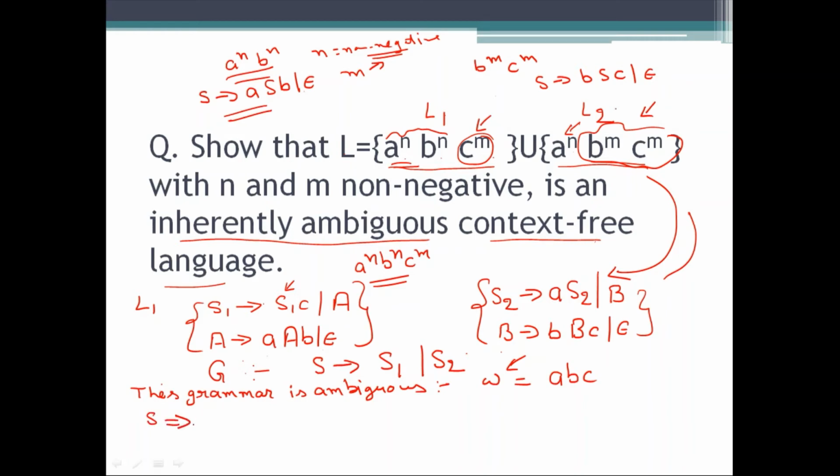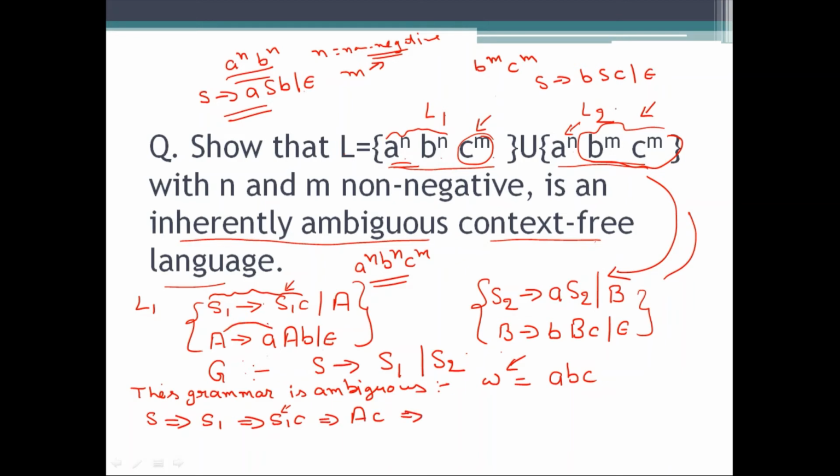So consider abc. We can have S directly deriving S1, then S1C by using this production. S1 is rewritten as S1C, then S1 is replaced by A, so AC.